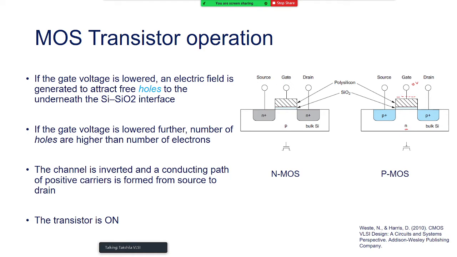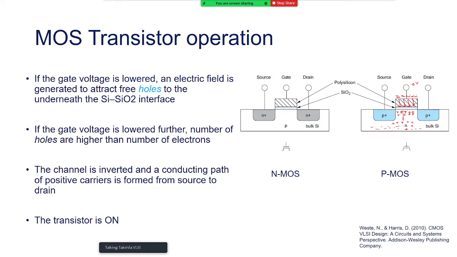Now this is an n-type semiconductor, so I know that there are a lot of electrons here, and few positive charge carriers which are holes, right? So if I keep increasing this negative voltage on top of the gate, these positive charge carriers come over here because the electric field is generated, and the higher the electric field, these charge carriers come right in the SiO2 and the silicon interface.